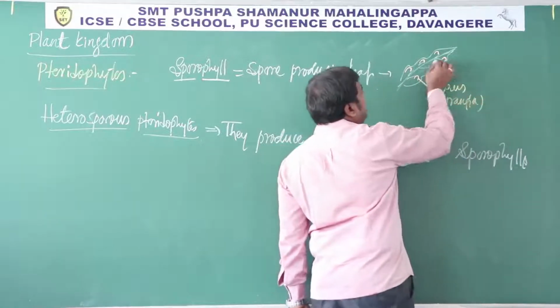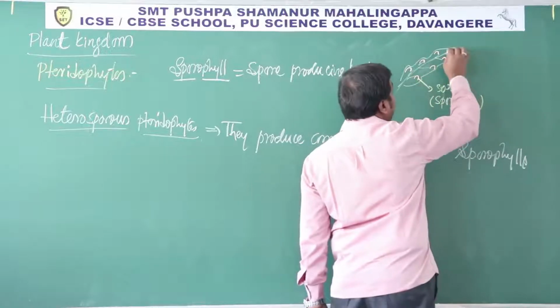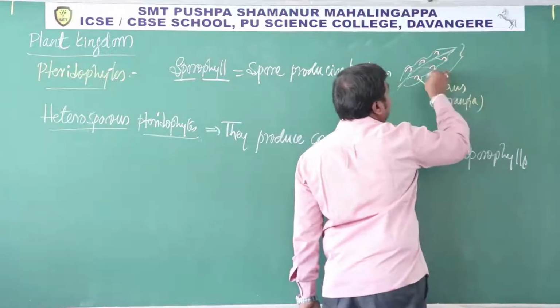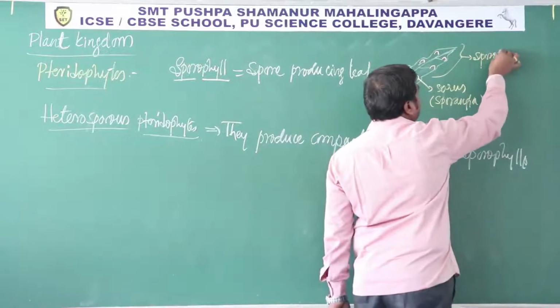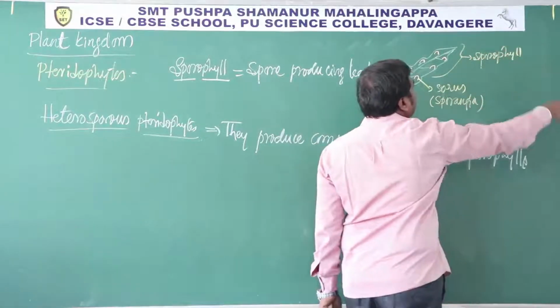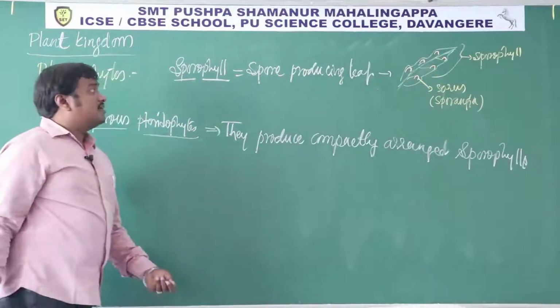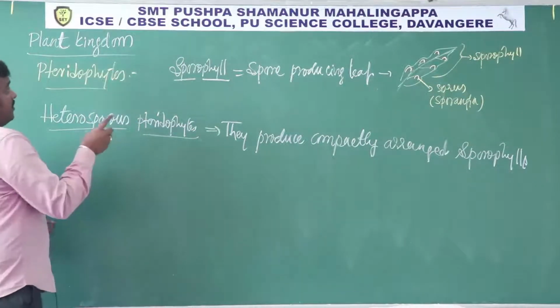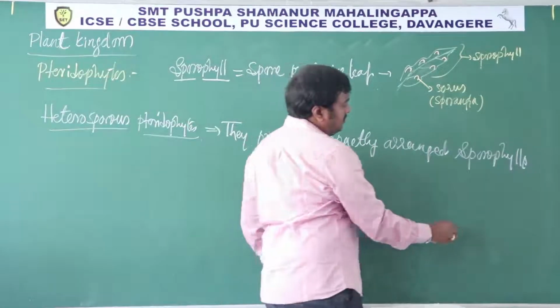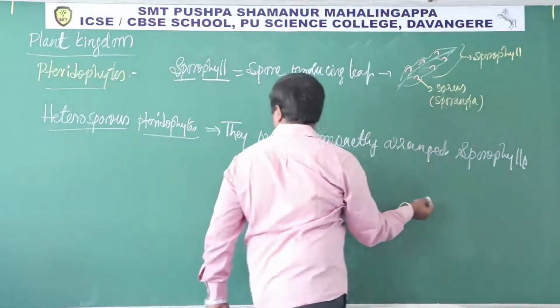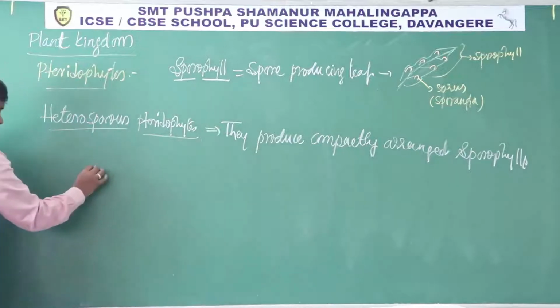Now the whole leaf is called a sporophyll.